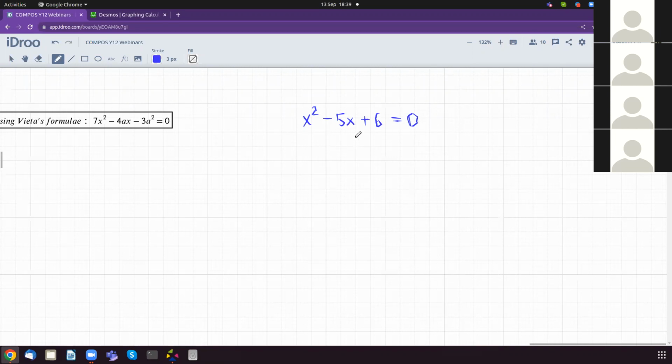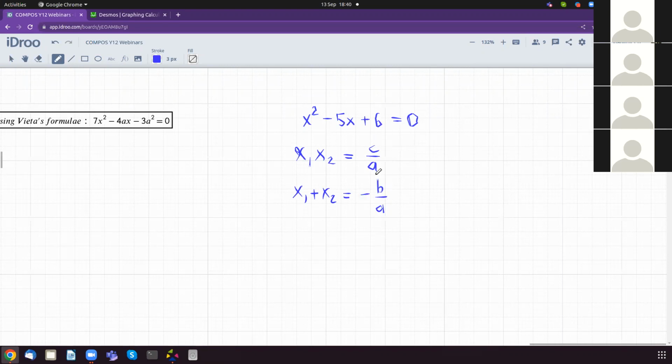There is a slightly different way of doing it. You could use Vieta's formula. Vieta's formula is that you find the product of the x's is c divided by a, and the sum of the x's is minus b divided by a.